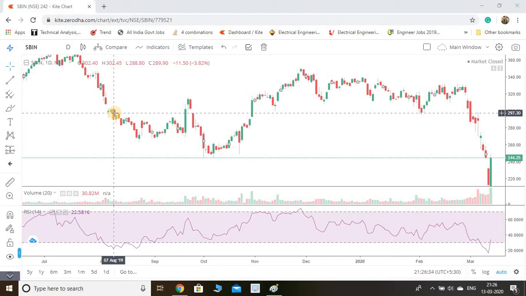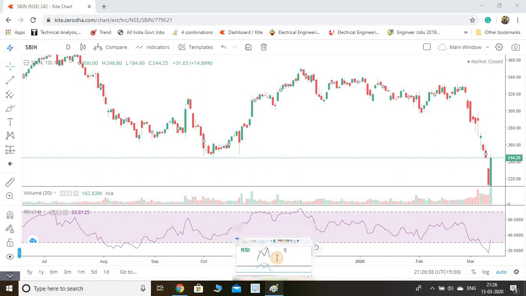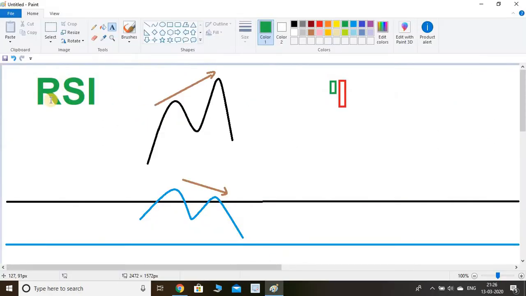You can see I have drawn this picture for better understanding. RSI, what is the meaning? Relative strength index. Relative strength, mind it.